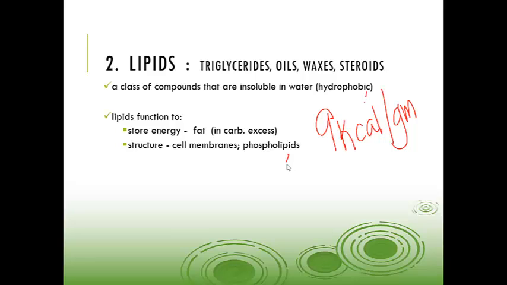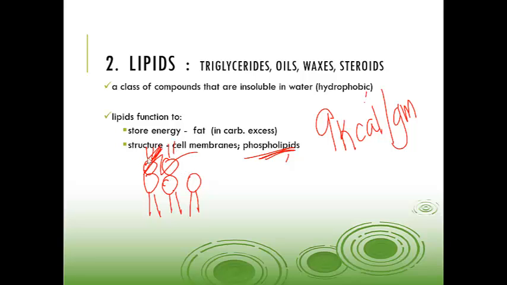In structure, they are a major part of the cell membrane, where the phospholipids are. So you know we have that bilipid layer, and you have those phospholipids that are all lined up. So you have 2 of these, one here, and then you have this one that goes that way. Oops, no, I did that wrong.